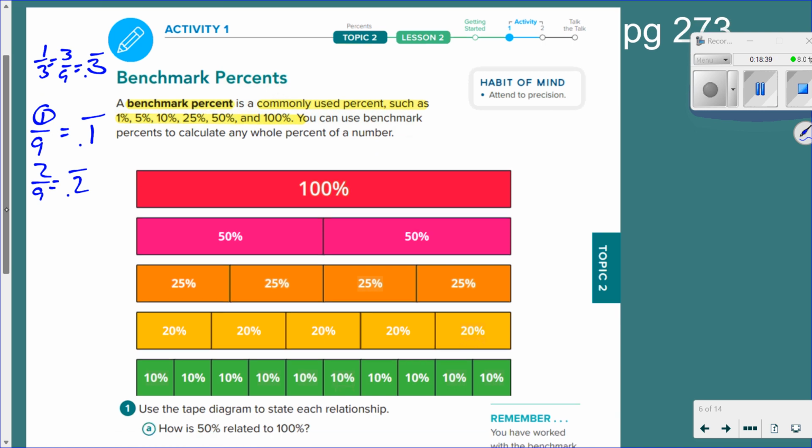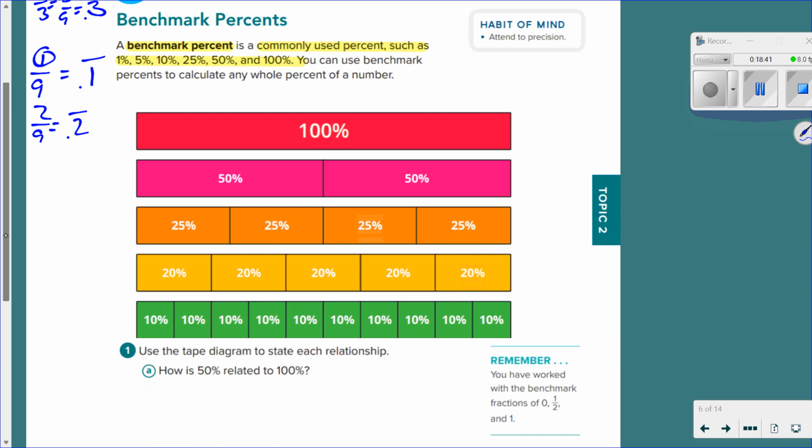Speaking of the fractions, if we look at benchmark percents, we can also look at the fractions associated with them. So if I have 100%, that's 1 whole. Everybody good with that? So if I want 50% of that, what fraction is that? It's 1/2.